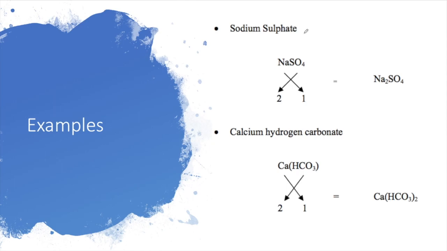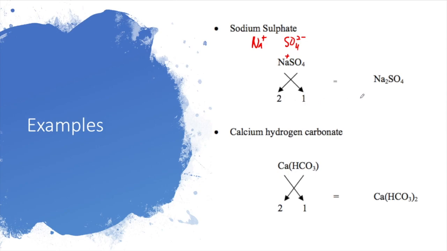Okay, so of course more examples coming. Sodium sulfate: you can see how in this case sodium has a +1 charge, and sulfate I'll just write above here. So Na+ and then SO4 2-, and we can cross this, so it's 2 and 1, and the thing is you can't cancel them. It's 2 and 1, so it can't be cancelled.